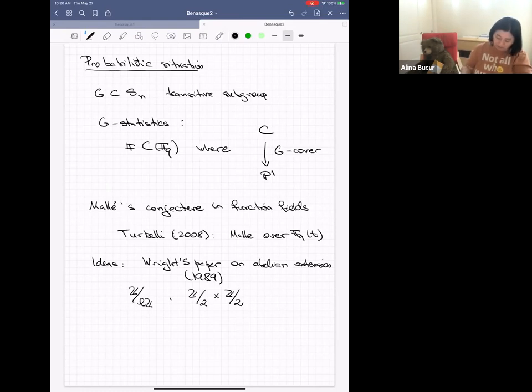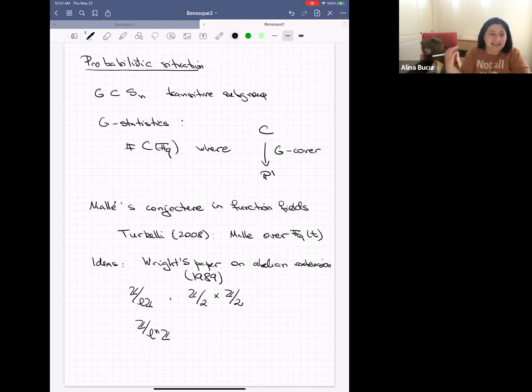And then in Melanie Wood's paper about S3 covers of P1, she mentions that in general she expects her method to work for Z mod L and Z. So if you can combine the technique that gave you products with this technique about Z mod L and Z, then that should give you something for all finite abelian groups, at least.